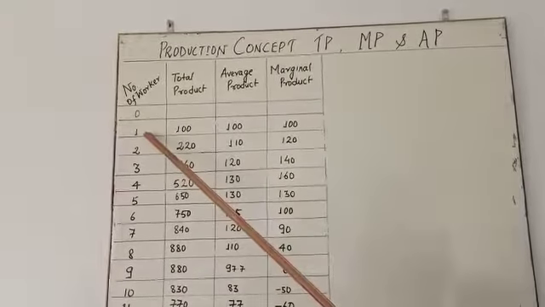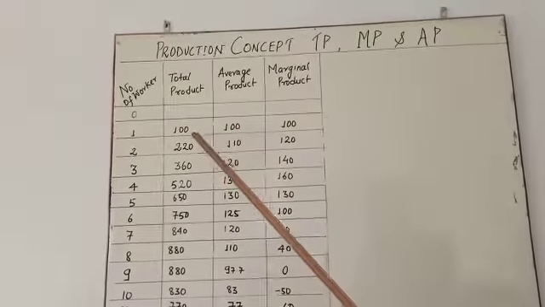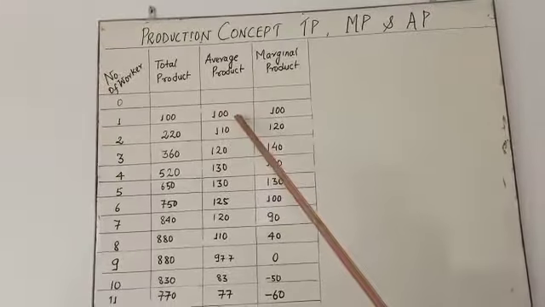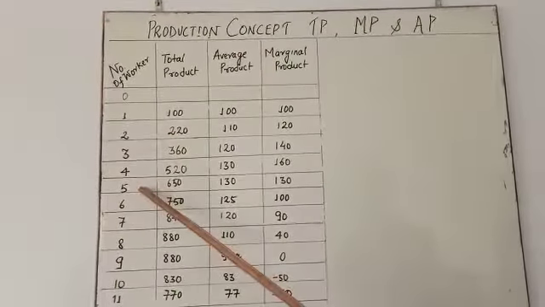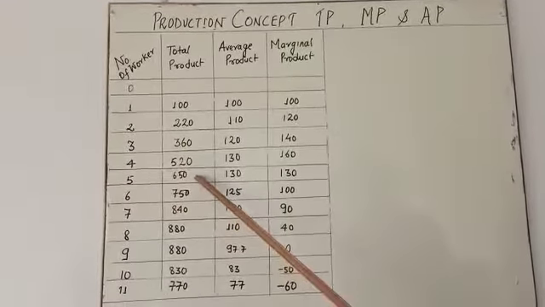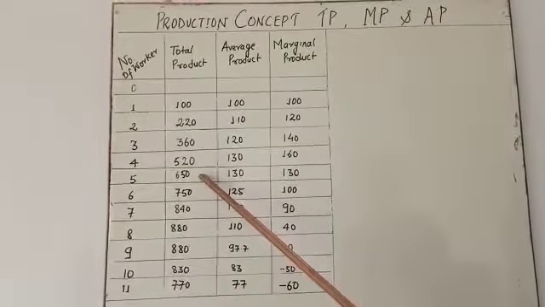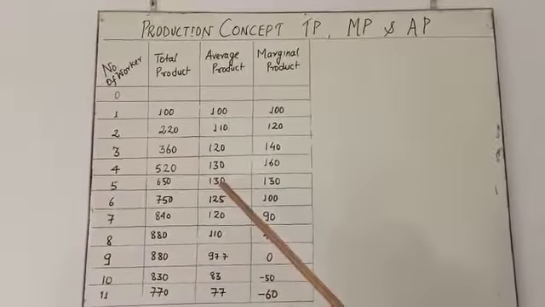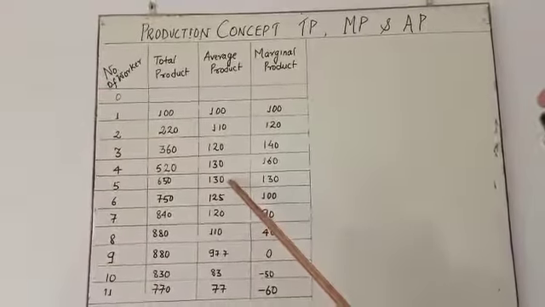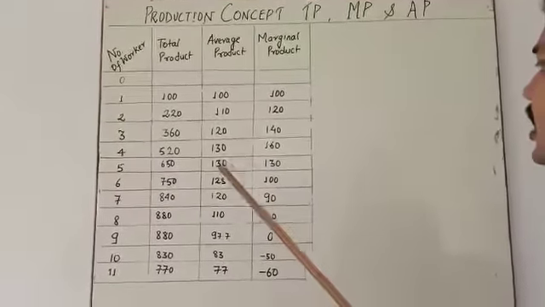First see, when one worker is producing 100 quantities, the average product is 100. As you increase the number of workers, your production also increases. It means your TP is going to increase.